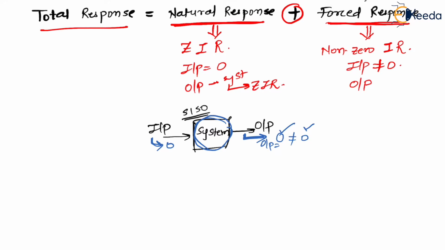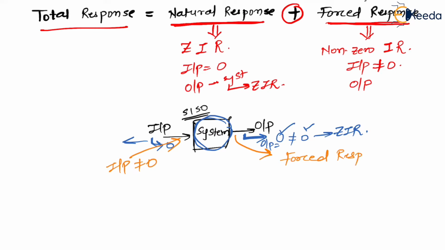So this first one is called ZIR, zero input response. Let me write it here. Now, if rather than giving zero input, I practically give some non-zero input, then whatever output I get for that non-zero input is called the forced response.